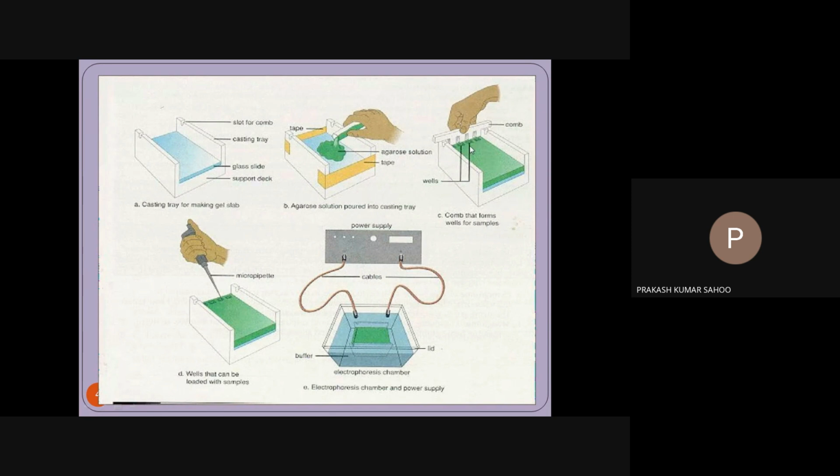Then we put the sample here, and just remember this agarose gel is electrically neutral. The sample will penetrate into this gel, and it will get separated when it is connected to the electrical supply.